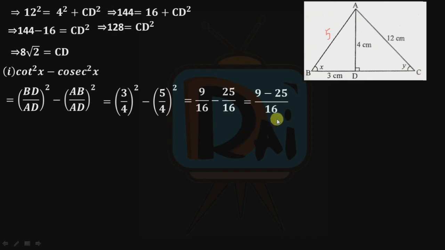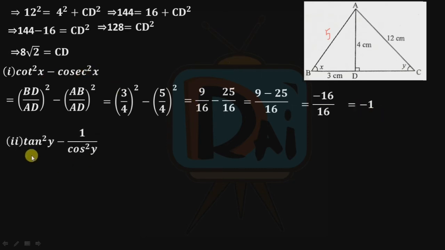Let's take LCM. LCM is 16, so it is 9 minus 25, which is minus 16, since 25 is greater than 9 and the sign of 25 is minus. So it is minus 16 divided by 16. 16 and 16 get cancelled, so it is equal to minus 1. That is, cot square x minus cosec square x is equal to minus 1.